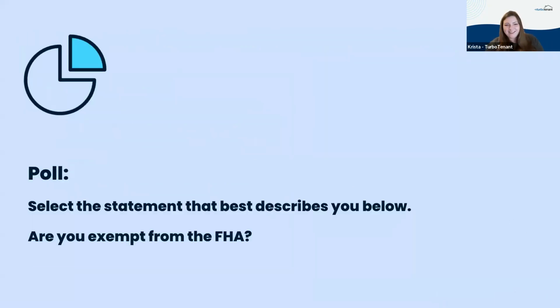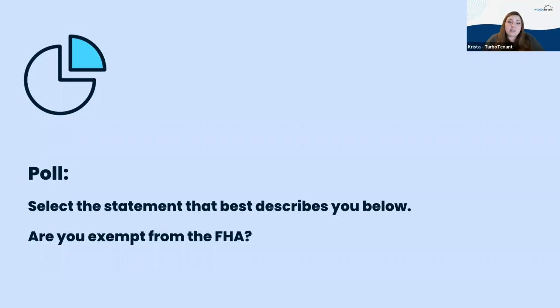With that in mind, we've got another poll. This time we'd like to know, are you exempt from the FHA, the Fair Housing Act? Absolutely. So first, with that first question, you want to read each statement carefully.